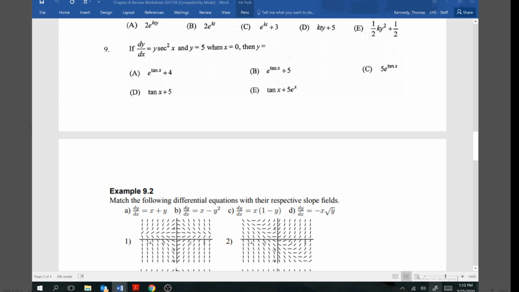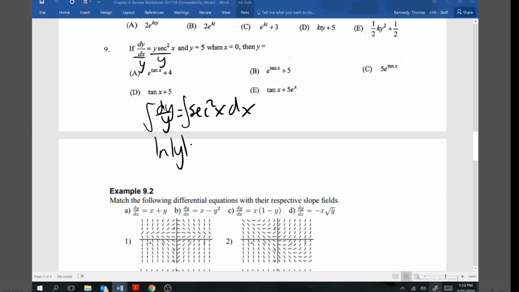All right. In this question, we divide both sides by y and then move the dx to the other side. So we get dy over y equals secant squared x dx. We integrate both sides, and we get natural log of y equals tangent of x plus c.